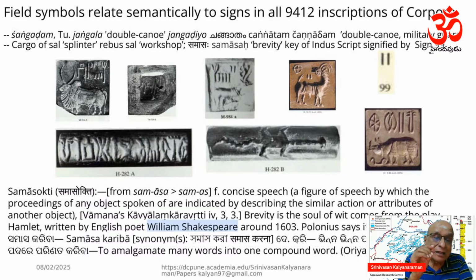And the Jangadam has another, third meaning, that is a military guard. In Gujarati, it's called Jagadio. So by that typical system of adding parts, the communication is that of a word Sangada. Sangada means joined parts. Sangadam, double canoe. Sangadam, a military guard. So a military guard is now communicated by that particular figure which has got joined parts.